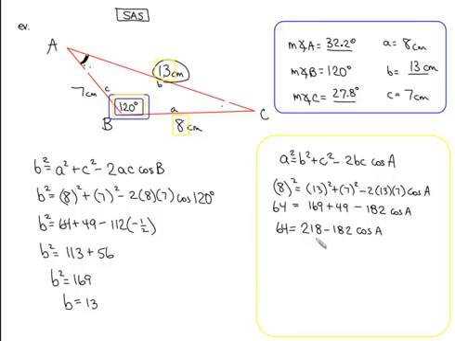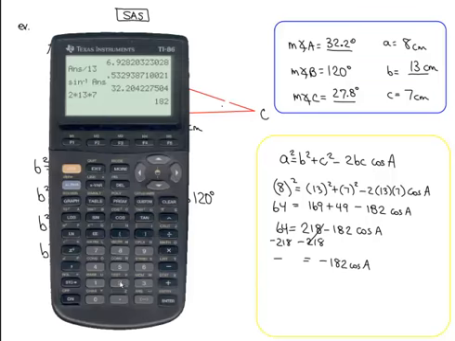What you've got to do is subtract 218 to the other side. So you get negative 182 cosine of A is equal to 64 minus 218, so that we see we get our negative 154.